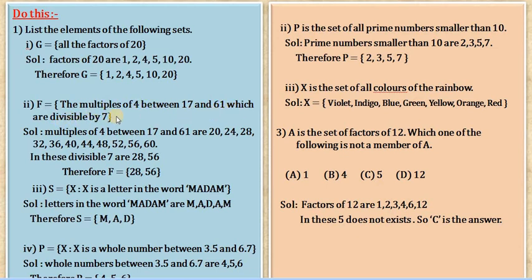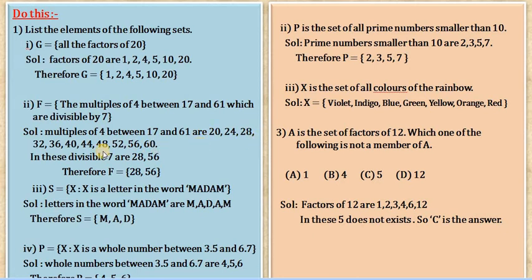So here we have two conditions. That means the value should be a multiple of 4 as well as divisible by 7. So let us write down all the values according to the first condition. Multiples of 4 between 17 and 61 are 20, 24, 28, 32, 36, 40, 44, 48, 52, 56 and 60.